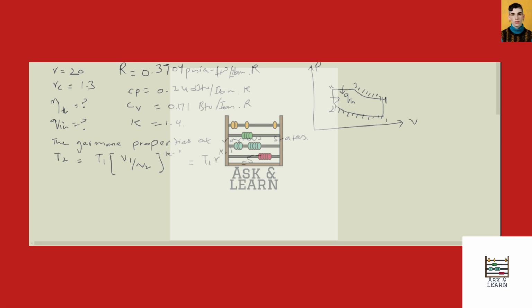Putting the values, that is 530 into 20 power 1.4 minus 1, which is equal to 1757 R. This is the temperature T2. Now the pressure P2 is equal to P1 times (V1 over V2) power k, which is P1 R power k. That is 14 into 20 power 1.4, that is 928 psi.